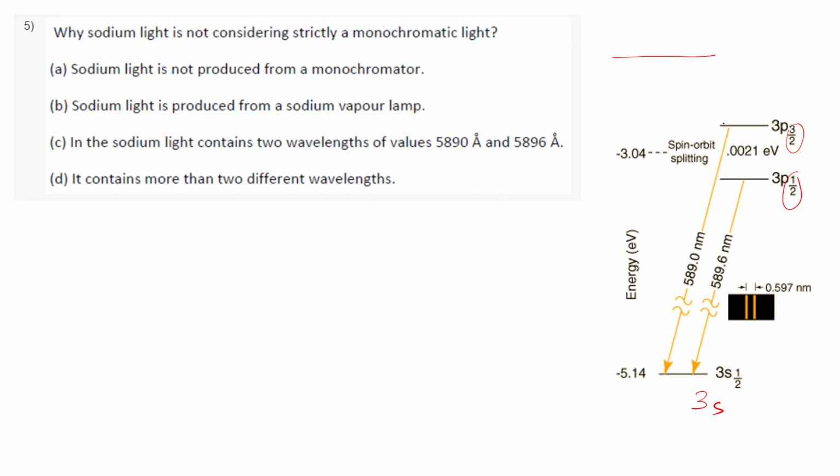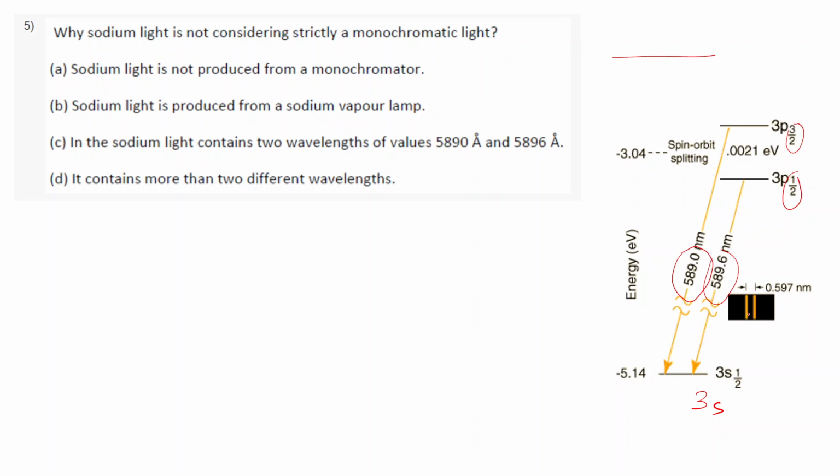to 3s. Because of this, we get very close values of wavelength, which only after using a very high resolution telescope we will be able to resolve and see that they are actually two different wavelengths, 5890 angstrom and 5896 angstrom. The difference is around 6 angstrom between them.